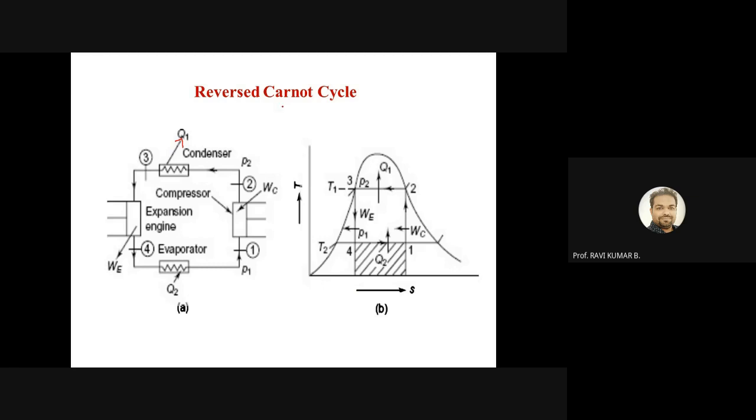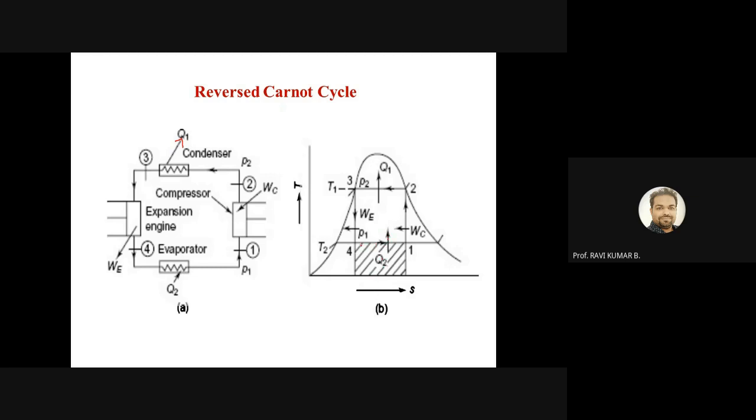So heat addition at constant temperature, heat rejection also at constant temperature, and two asymptotic processes, one compression and one expansion. So 1 to 2 is your compression, 2 to 3 your heat rejection, 3 to 4 is expansion, and 4 to 1 is your heat addition, where you are taking in heat from the surroundings.